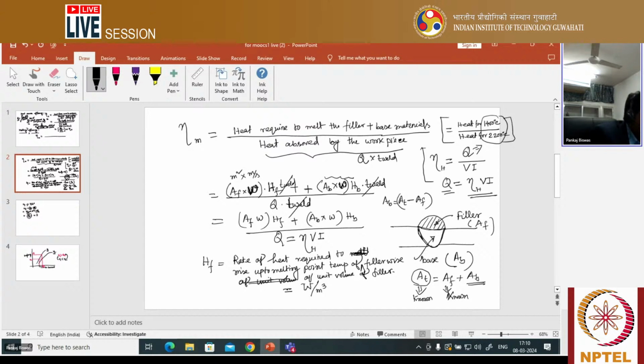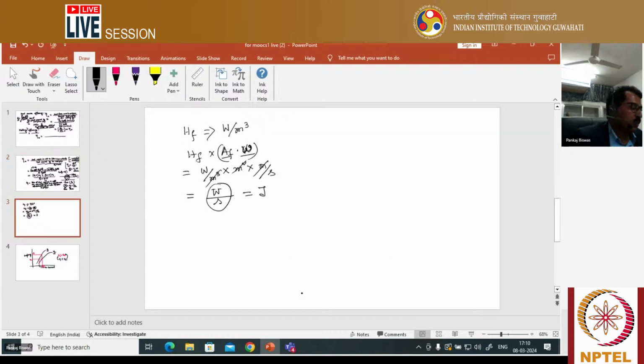Actually this is heat, no? This is not watt per meter cube. This is actually joule per meter cube, sorry. So this will be actually joule per second, which is watt. Unit is watt.